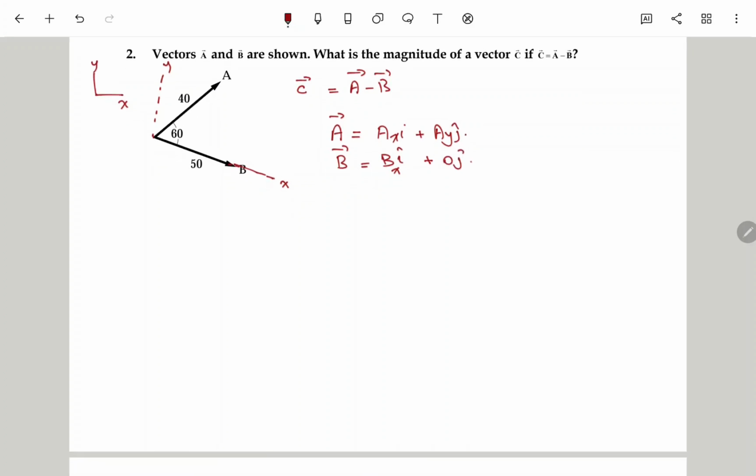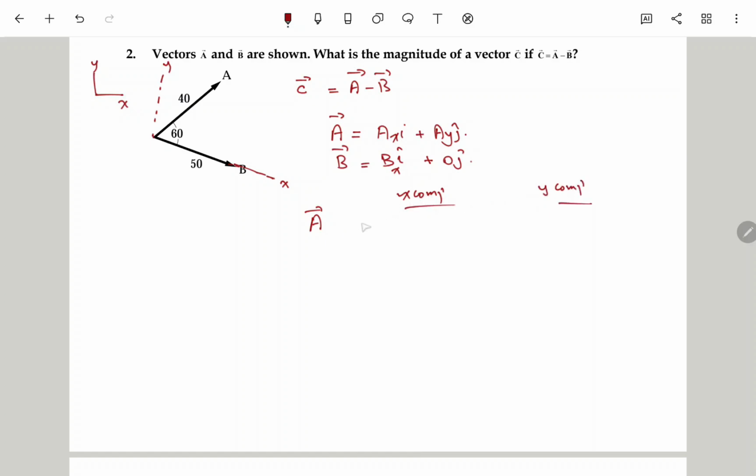Now, the simplest and easiest way to solve this is to create a simple table. So this is A, this is the X component, and this is the Y component.